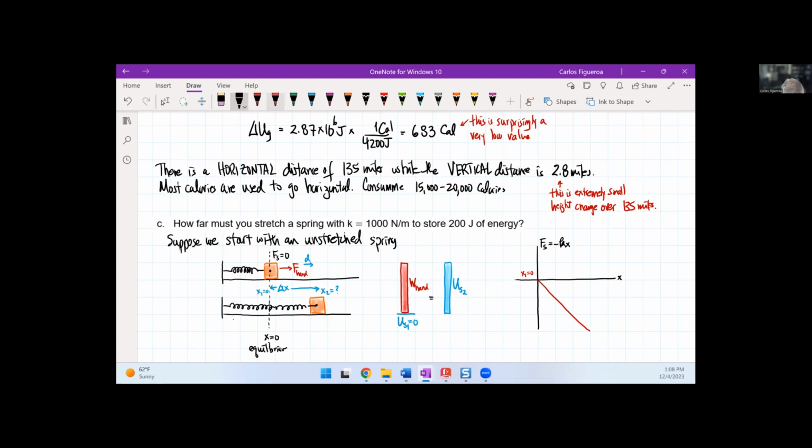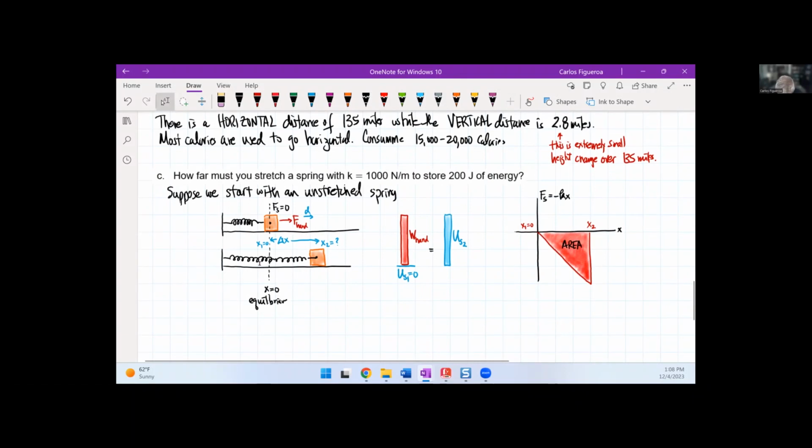So when I look at this, I went all the way to x2. Then if I want to calculate the work done, or that got stored in the spring, I have to calculate the area of this triangle. Right? I need the area of this triangle, and you can see that it's half a rectangle. So then, here we go.